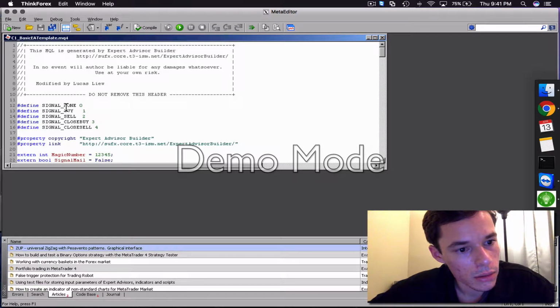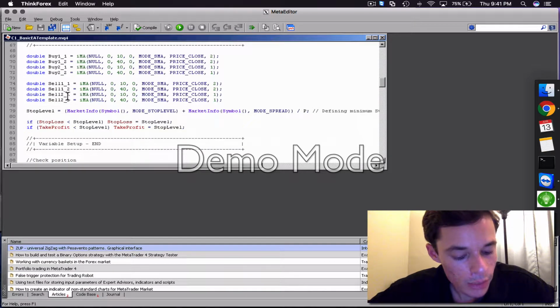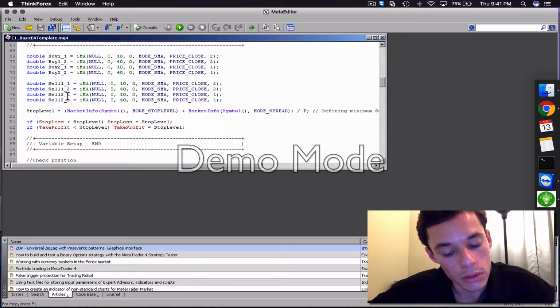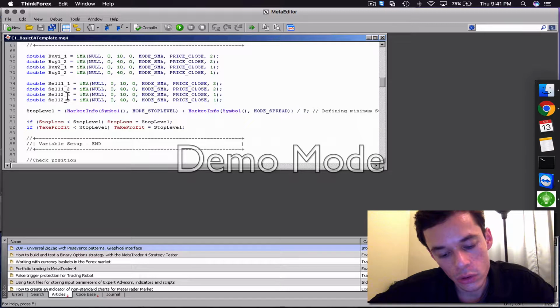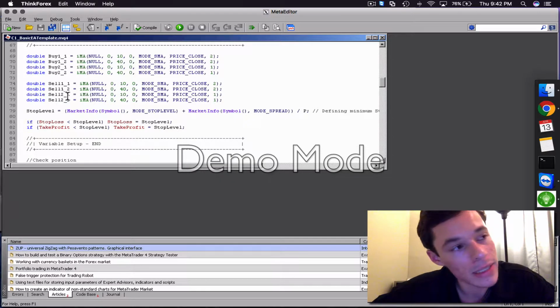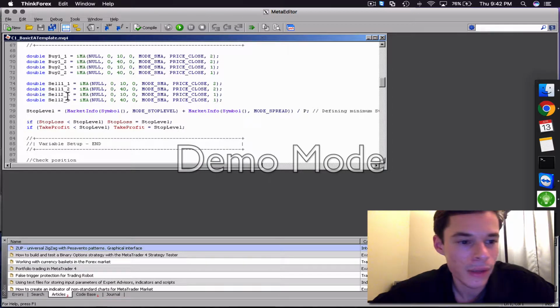So how this program works, and we'll go into detail about this just to illustrate what I'm talking about right now, is that when the SMA 10 on the graph crosses the SMA 40 trend line from the bottom, this program will enter what's called a long trade, which basically means it's committed to buying the currency.